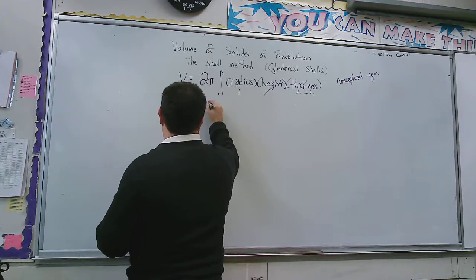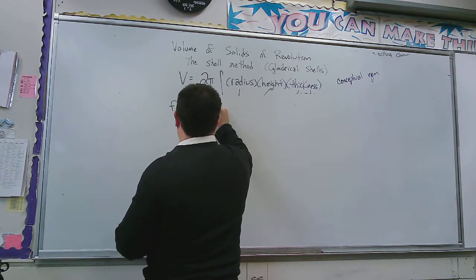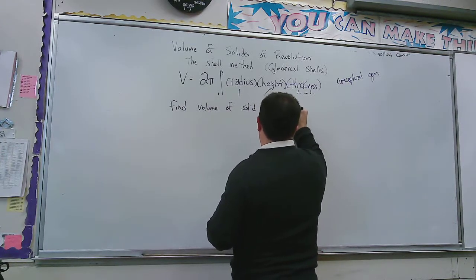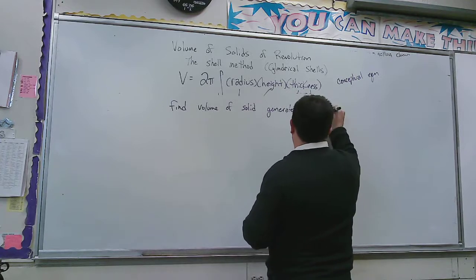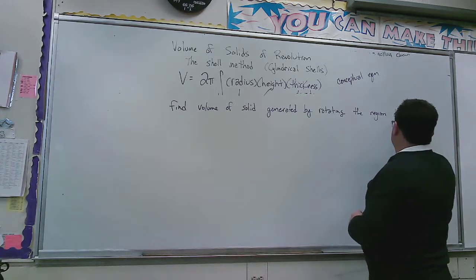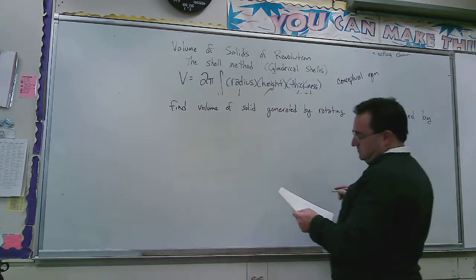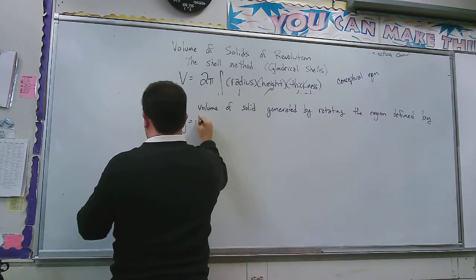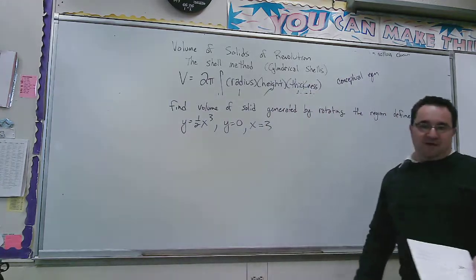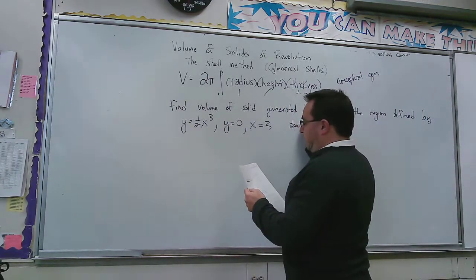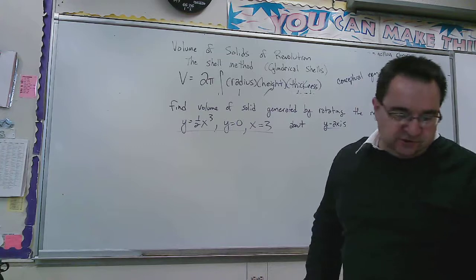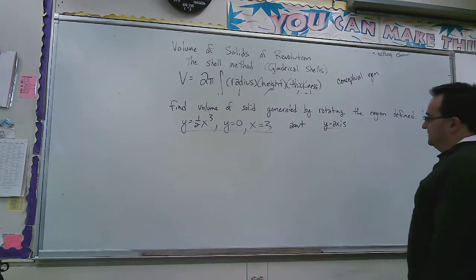Find the volume of the solid generated by rotating the region defined by those three boundaries about the y-axis. All right, so it took a lot of words to set up the question, but here it is.